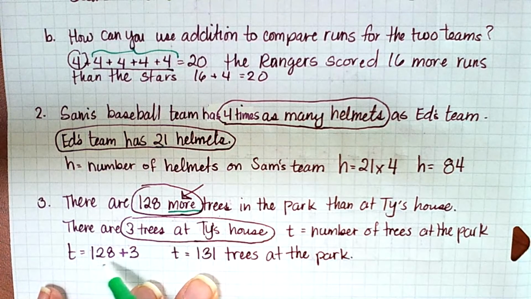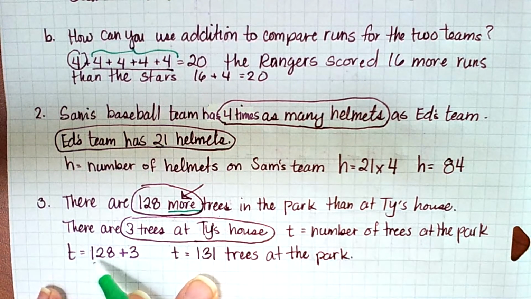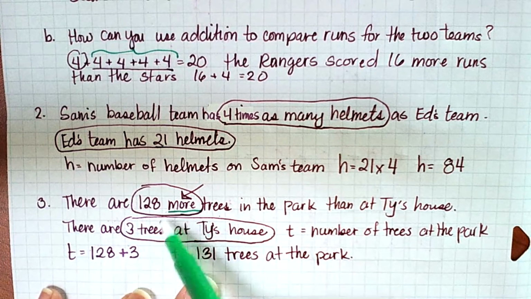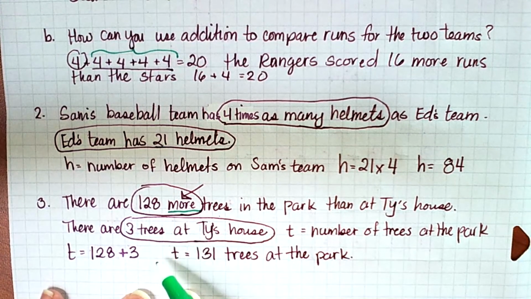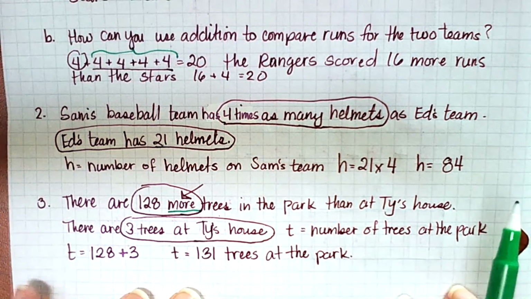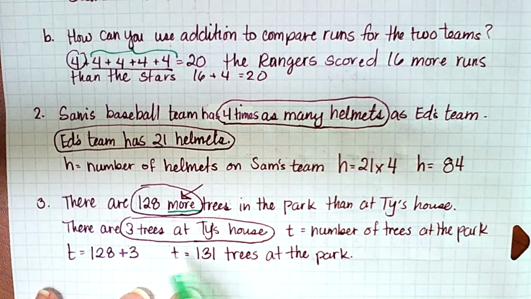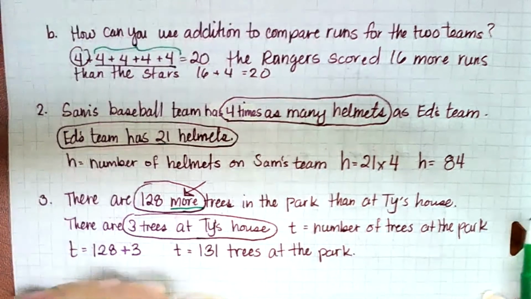So T is equal to 128 trees plus the 3 trees that he has at his house will tell us how many are at the park. 128 plus 3 is equal to 131. We know that even though Ty's house only has 3 trees, the park has 131 trees.